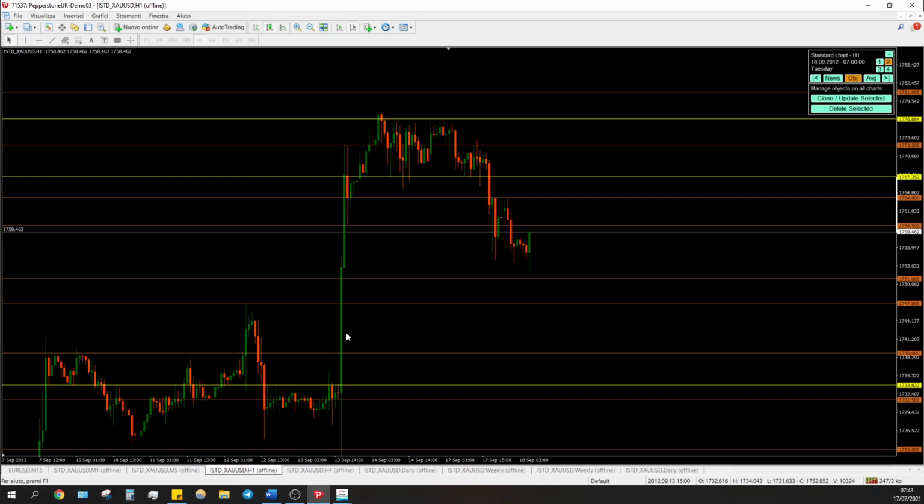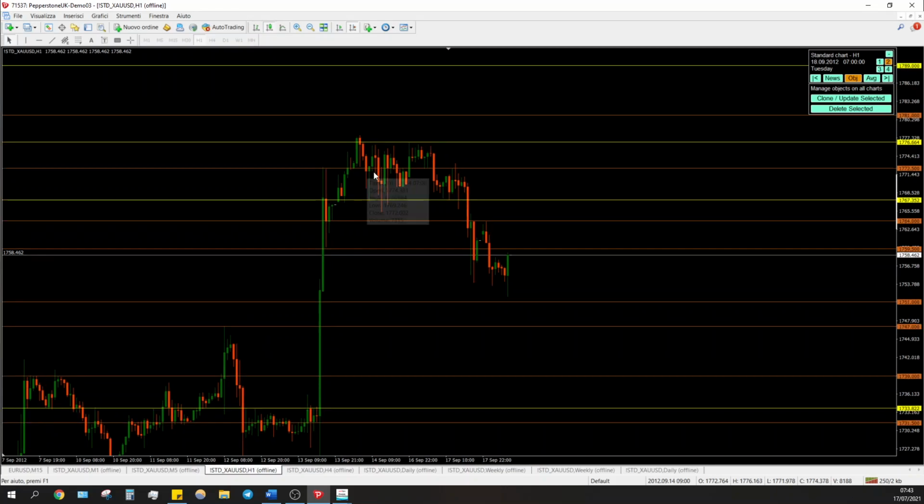We failed to break above these levels, and we ranged pretty much for the last 4 days, more or less. Yeah, 5 days. For the last week, we ranged between these levels.